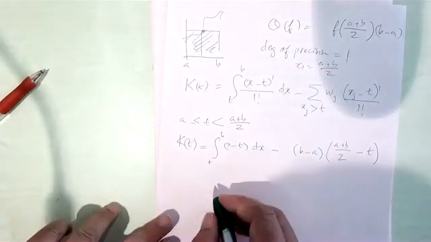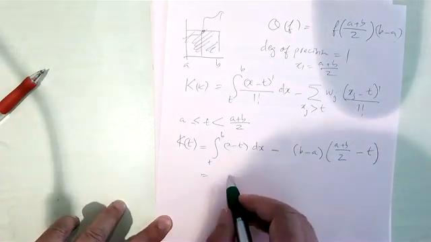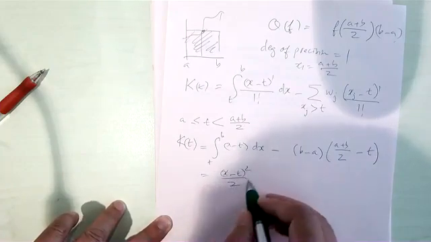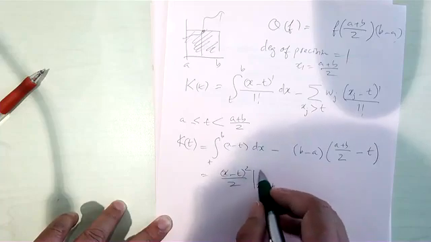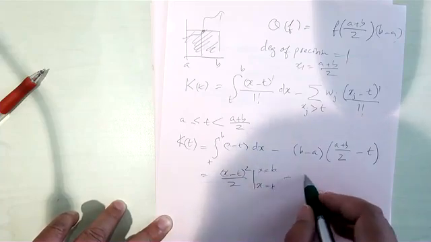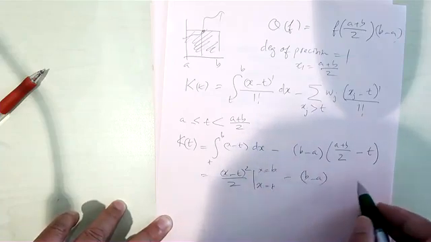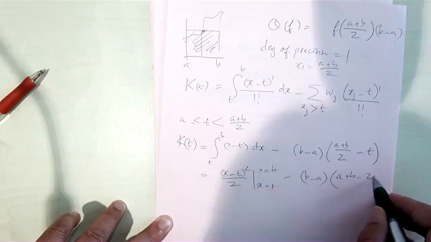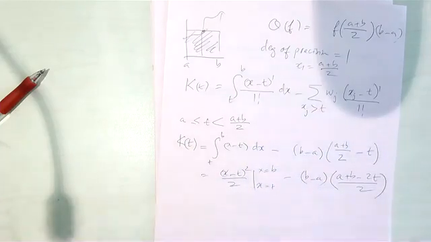And then this integral should give you (x minus T) squared over 2, evaluated from x equals T to x equals B, minus B minus A, times (A plus B minus 2T) over 2, right?